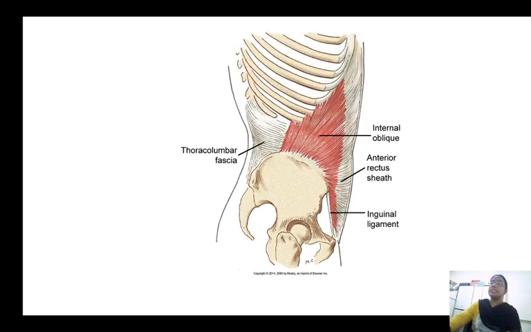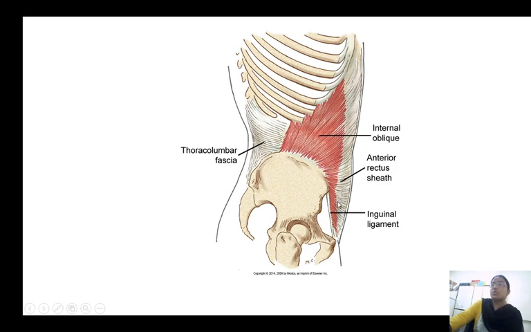When you see the insertion of the internal oblique, the insertion goes in this way. These are the inguinal fibers we have said come from the lateral 2/3. The inguinal fibers pass forward medially and get inserted into the linea alba. These inguinal fibers form a conjoined tendon with the transverse abdominis, which is the third muscle we will be discussing.